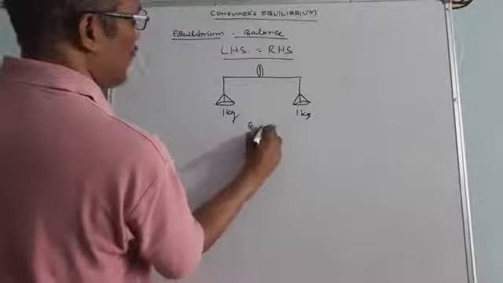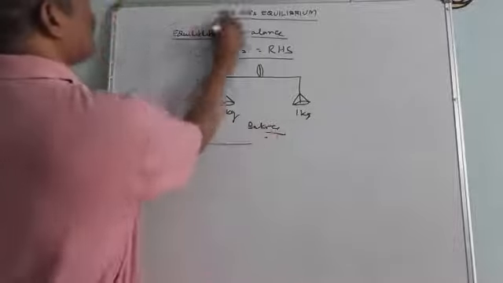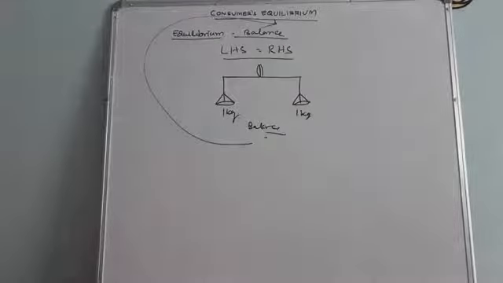This is called a balance. So that is called equilibrium. Consumer's equilibrium.